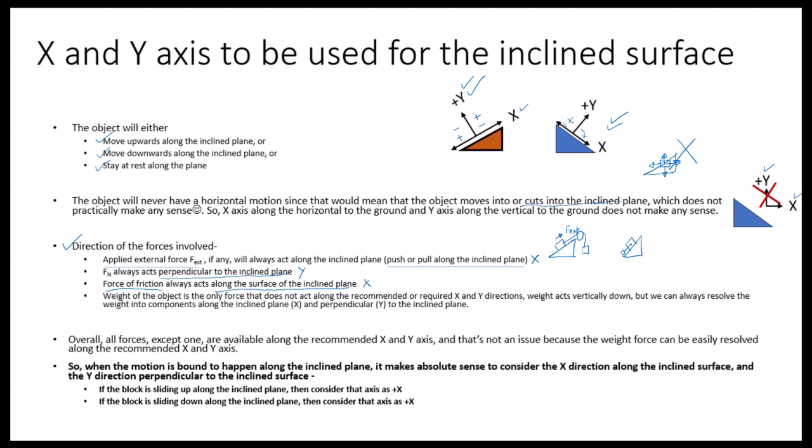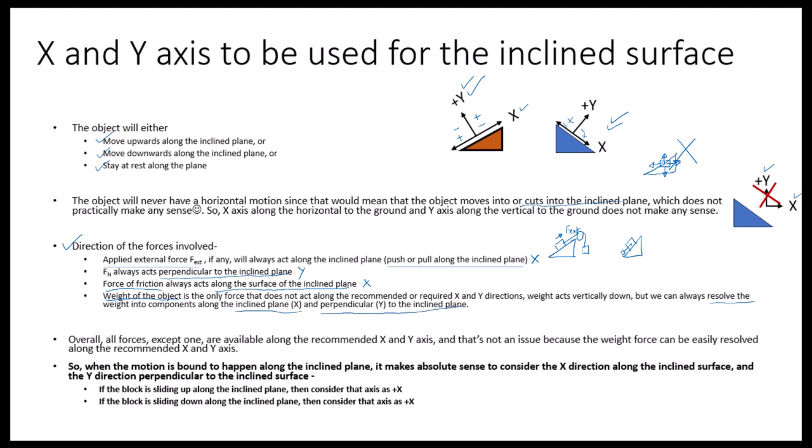Now, the only force which is not aligned with the required x and y directions is the weight of the object. Why? Because we know that the weight is going to act vertically downwards. So we can easily handle this force. We can manage this force. How? By resolving the weight into components. And we know that we can take one component along the inclined plane and one component perpendicular to the inclined plane.